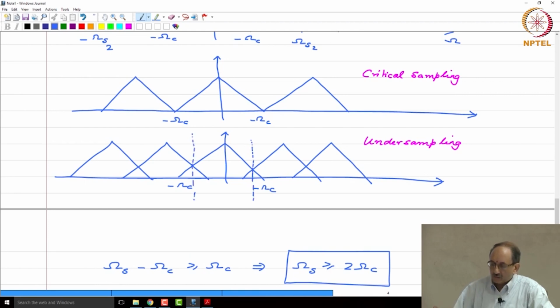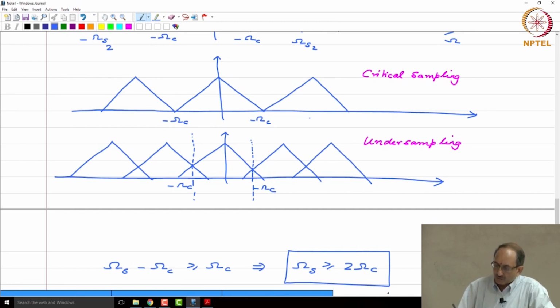So, these two overlap, and it should be clear that whenever you have something that is periodic, then you need to consider the information only in the range 0 to the period or between minus half the period to plus half the period. Anything outside this is the same, and hence since this is periodic with period omega s, either you need to consider the information in the interval 0 to omega s or between minus omega s by 2 to plus omega s by 2, because everything else outside this is the same, you do not get any new information.